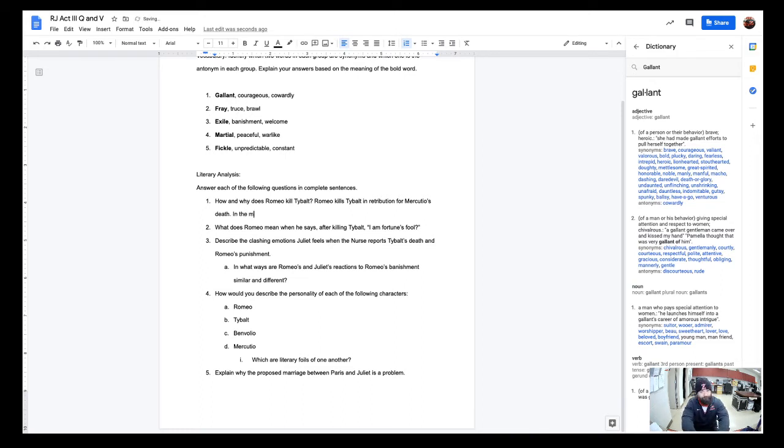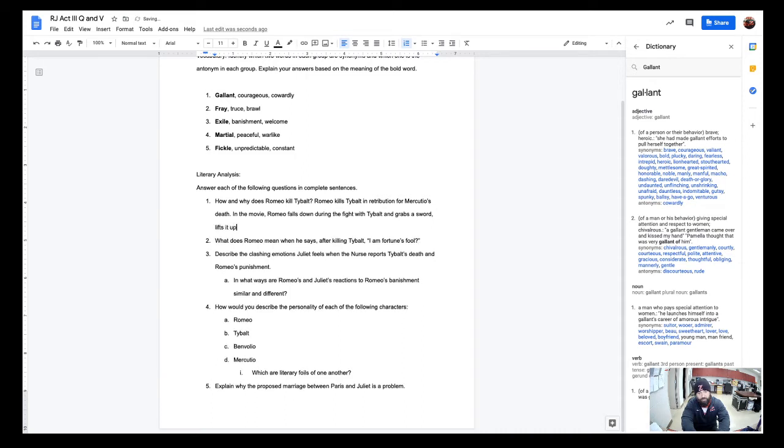In the movie, Romeo falls down during the fight with Tibble and grabs a sword, lifts it up just in time to stab the pursuing Tibble.